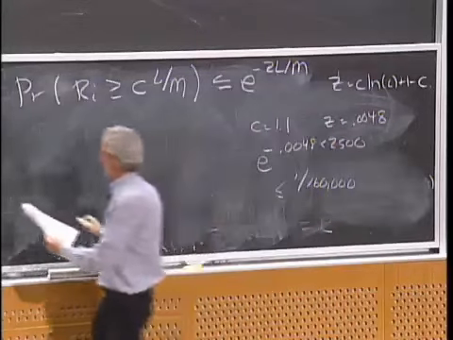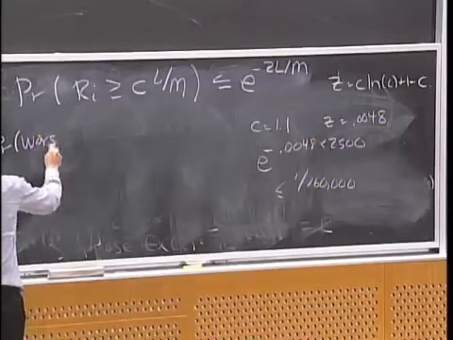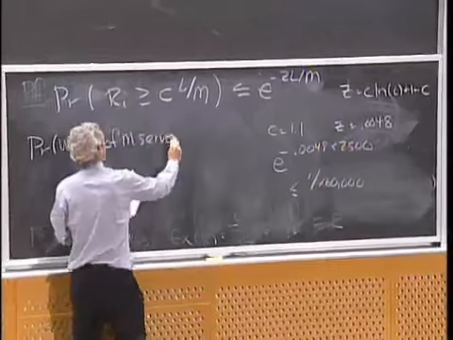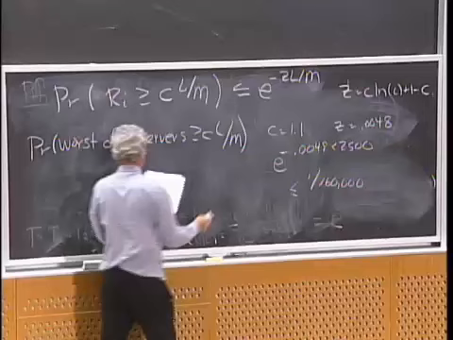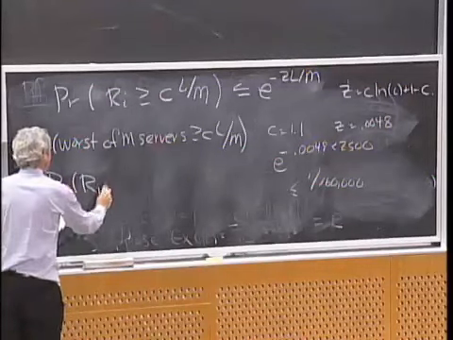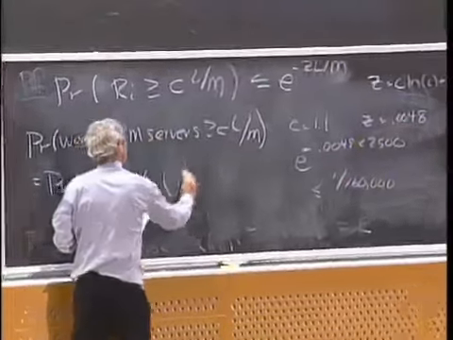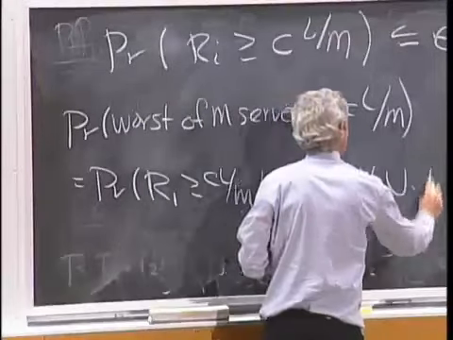All right, so what I really want to know is the probability that the worst server of m takes more than CL over m. Well, that's the probability that the first one has more than CL over m, union the second one has more than CL over m, union the mth one.